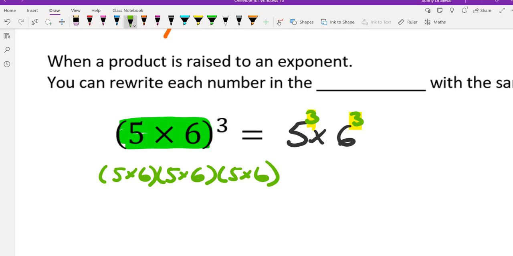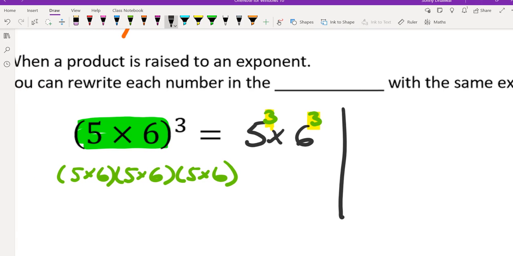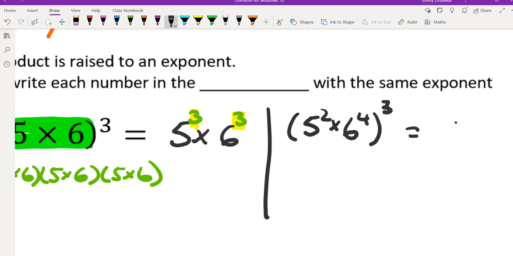I'm going to give you a new question that will be a little bit easier. What if I gave you 5 squared times 6 to the 4, and put a 3 here. I want to combine these together so each number only has one exponent. What would it be?